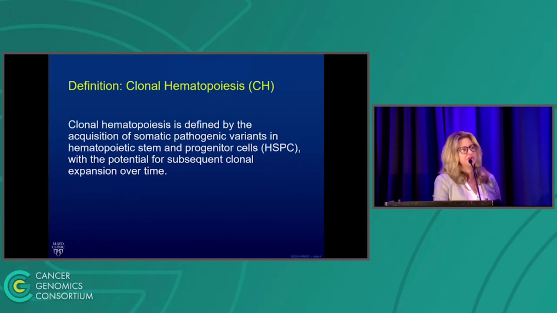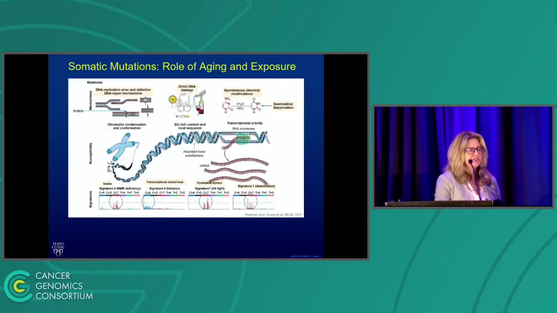So the definition of clonal hematopoiesis is the acquisition of somatic acquired variants in hematopoietic stem and progenitor cells with the potential for subsequent clonal expansion over time. Our genome is inherently susceptible to mutations over time. The most common reasons are indels that occur because of defects in DNA replication as well as repair.